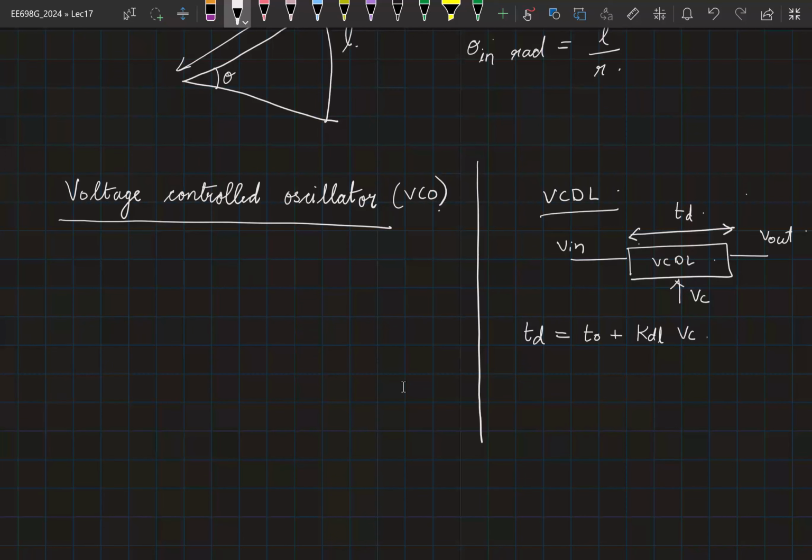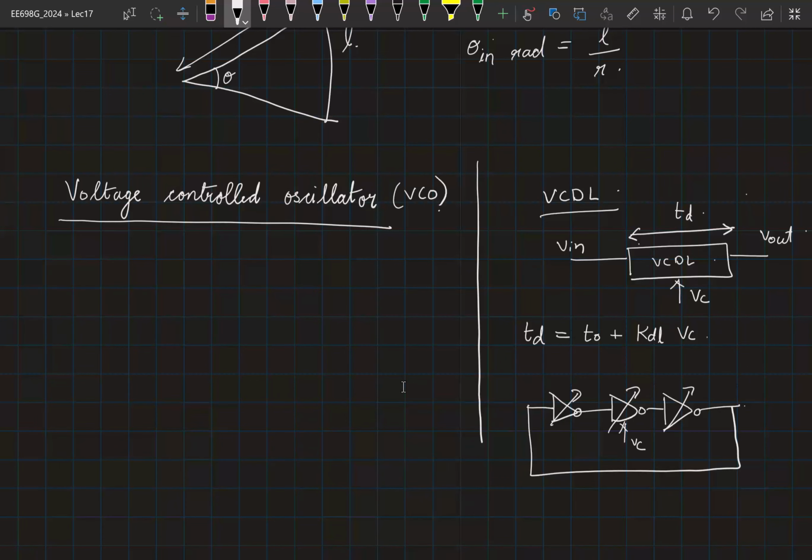One way to construct this VCDL was to have variable elements, let's say tunable delay elements, and cascade enough of them to construct a variable delay line. Now if I short it and make a ring with an odd number of elements, when I change VC, the delay of each unit will change, which means the frequency of oscillation will change.